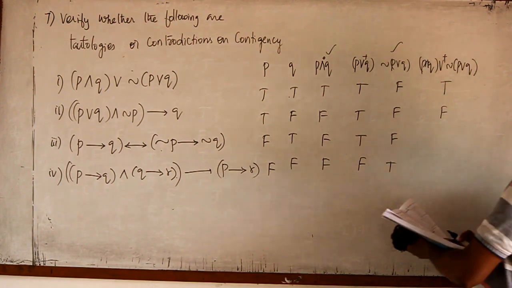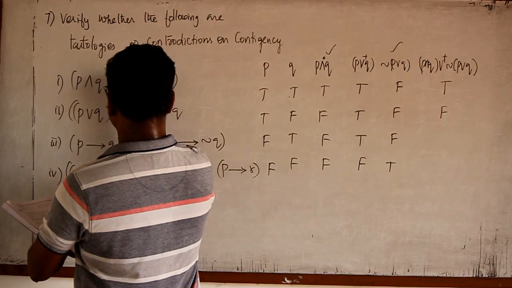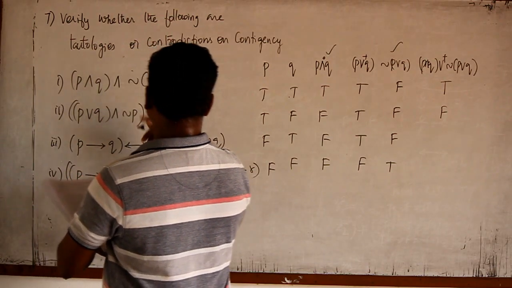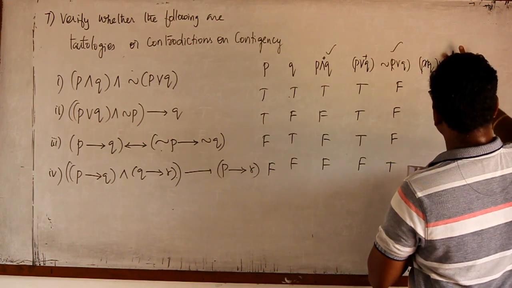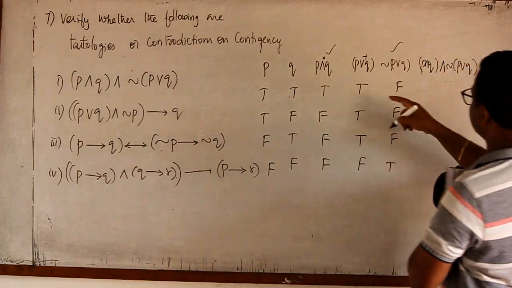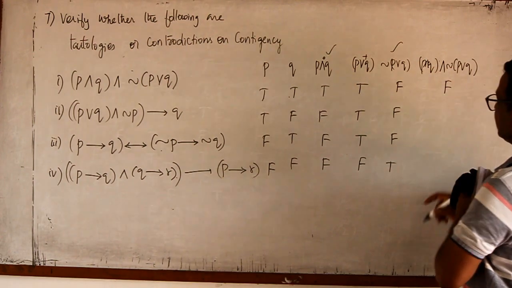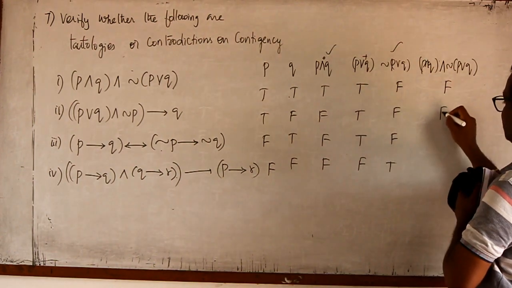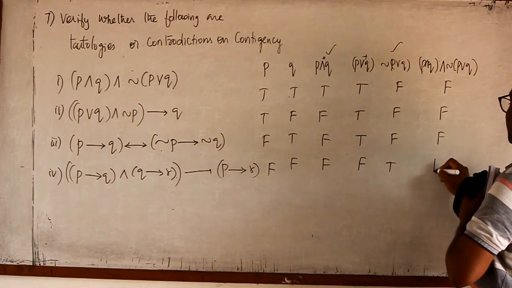So still correct. We get cap. Extremely sorry, this is cap. So I must multiply these two. 1 into 0, 0 means false. 0 into 0, 0. 0 into 0, 0. 0 into 0 is 0.